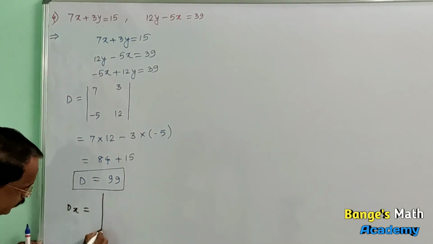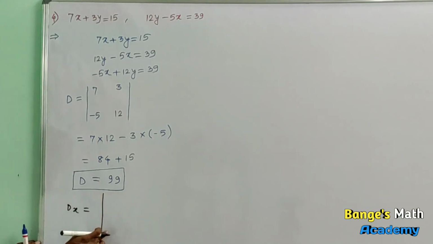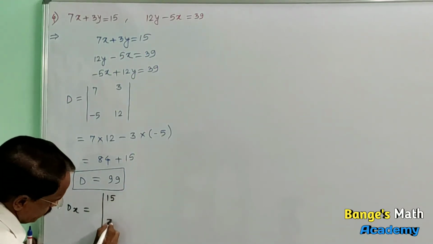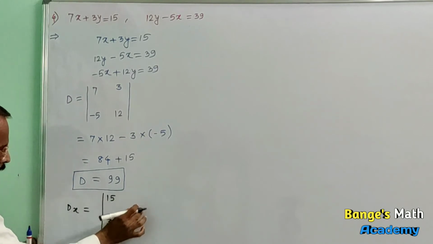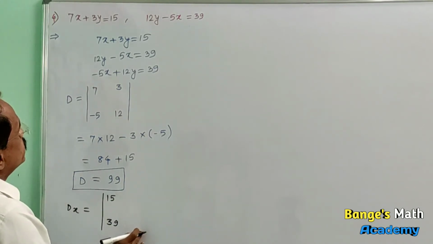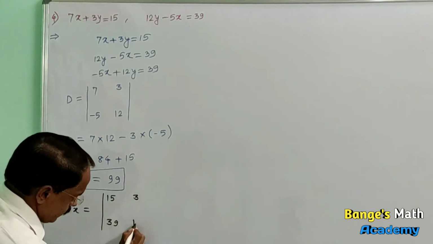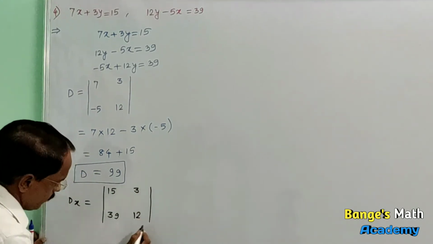is equal to, in first column neglect coefficients of x and replace it by constant term: 15, 39. In second column, write down coefficients of y: 3, 12.